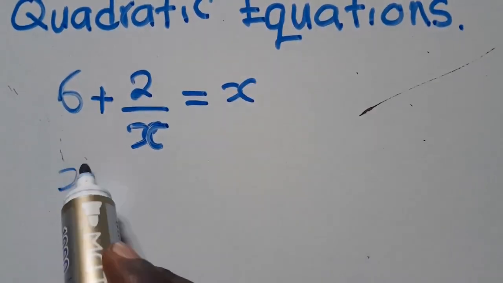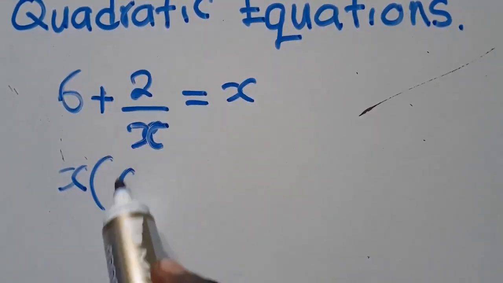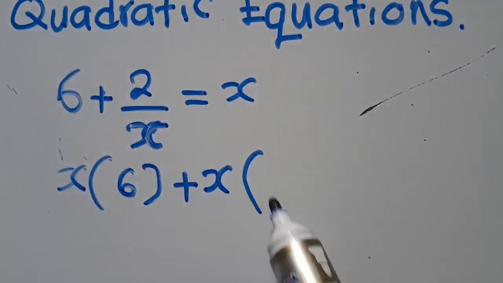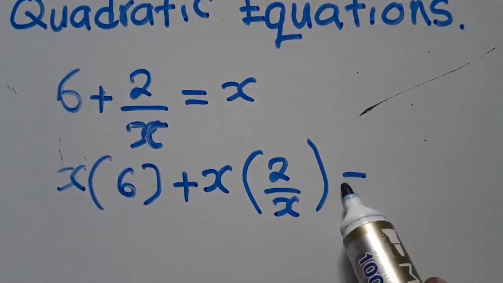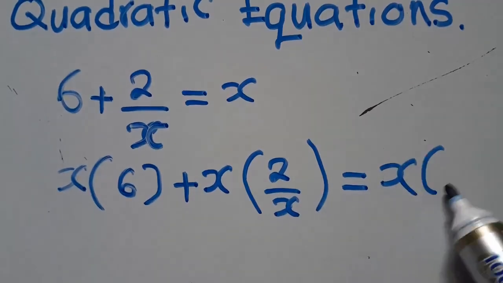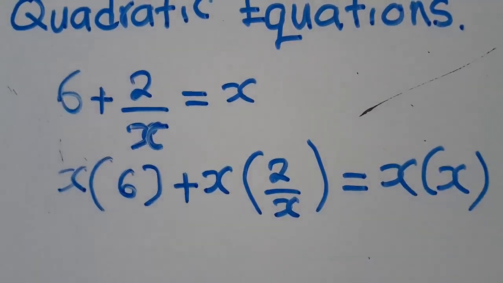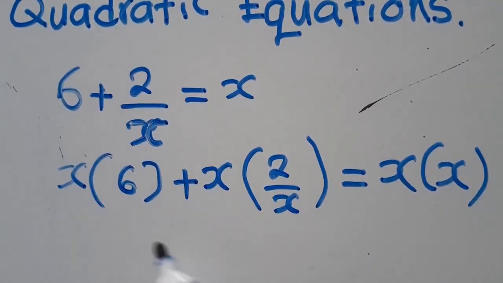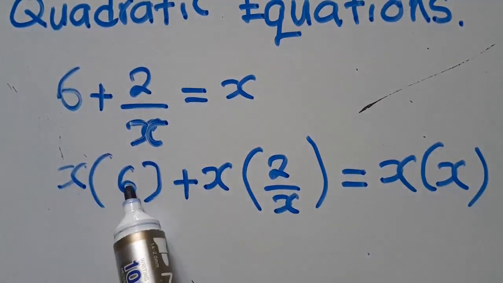So you say x times 6, plus x times 2 over x, which is equal to x times x. This is what I mean when I say you multiply by x throughout. So what is x times 6?